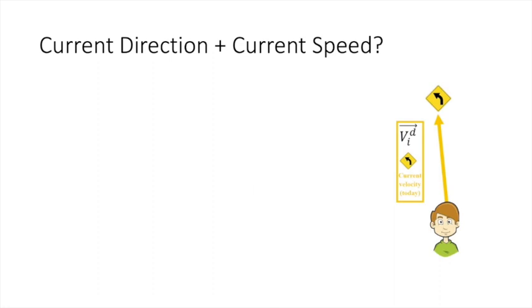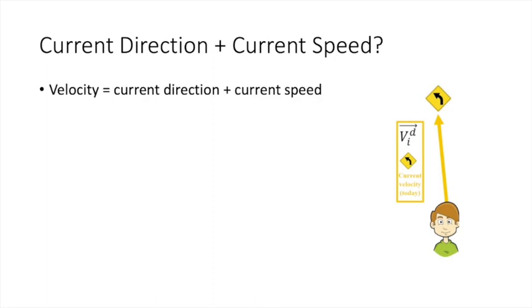Remember, I earlier said that each particle has a location, but it is also headed in a certain direction with a certain speed. If we go back to our physics classes from high school, the combination of speed and direction is called velocity.